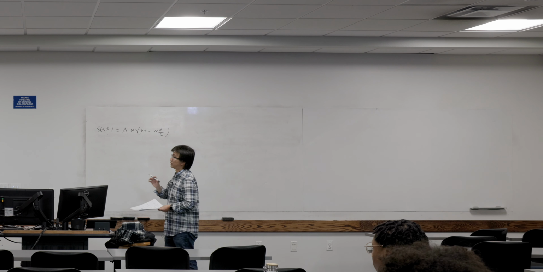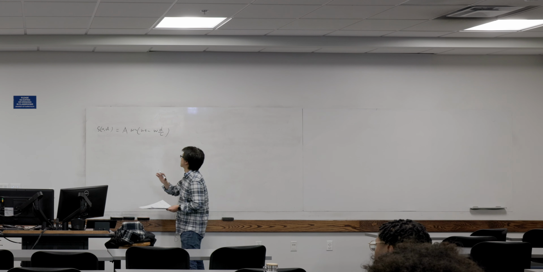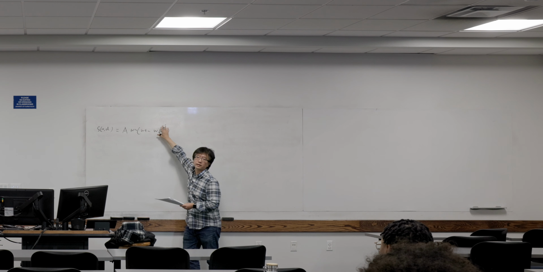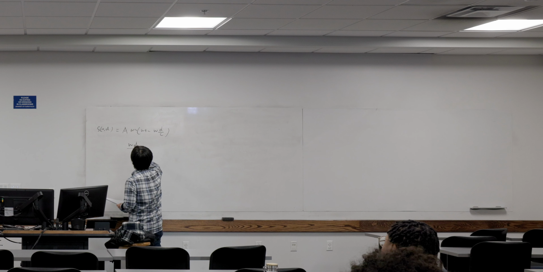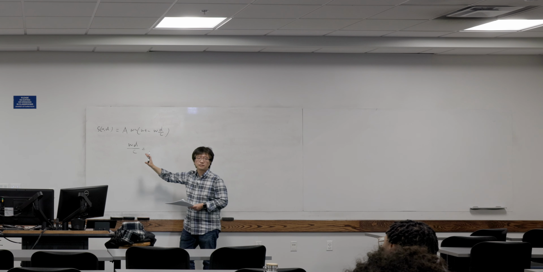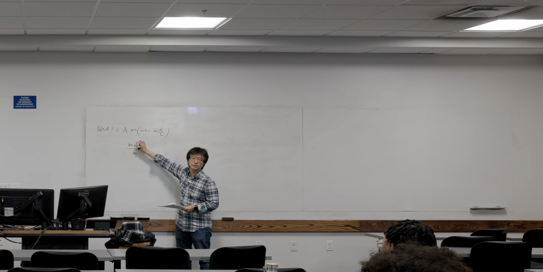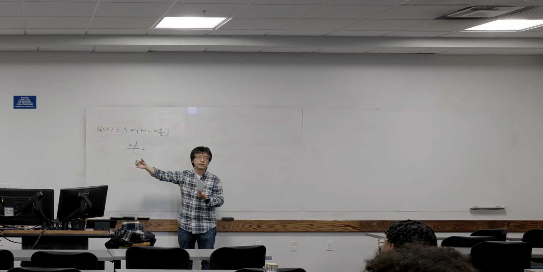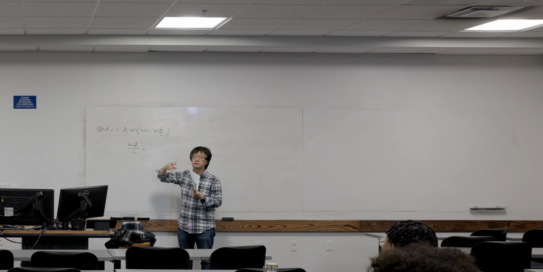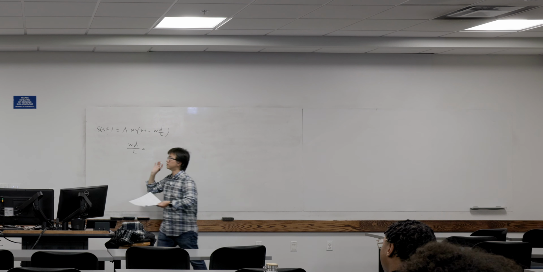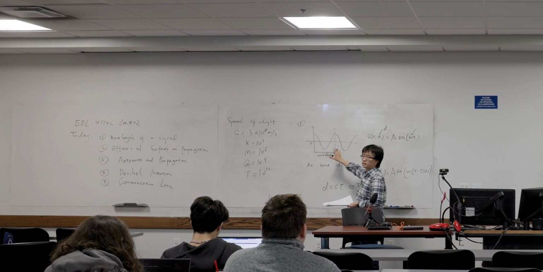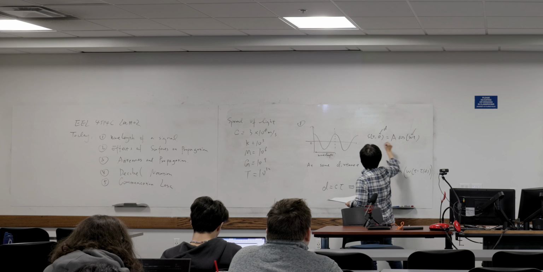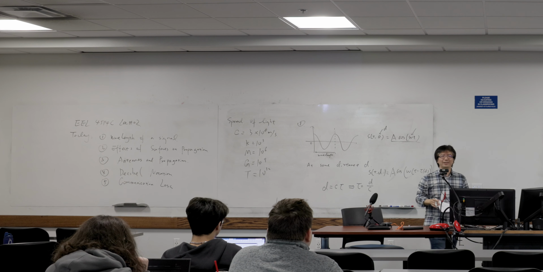Very good. I like what you said, it's definitely correct. We need to look at this delay. So we need to let the delay, omega d over c, equal what to get one period? What is the period of this signal? 2 pi, very good.